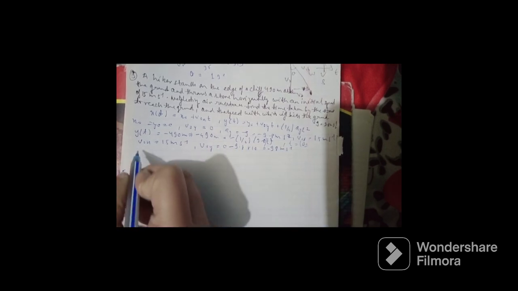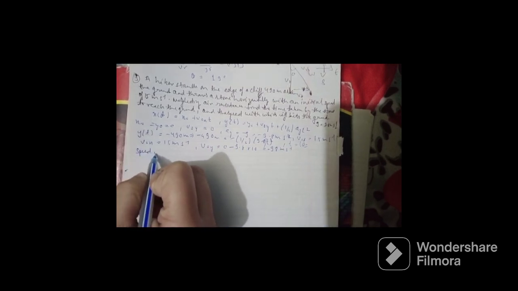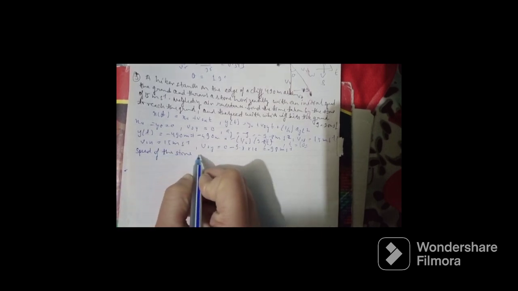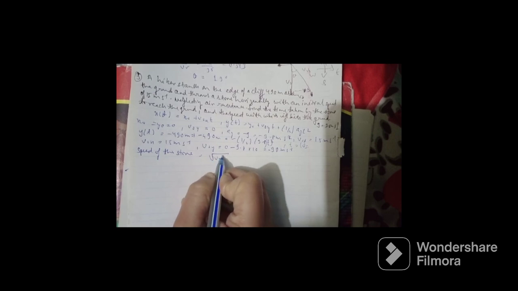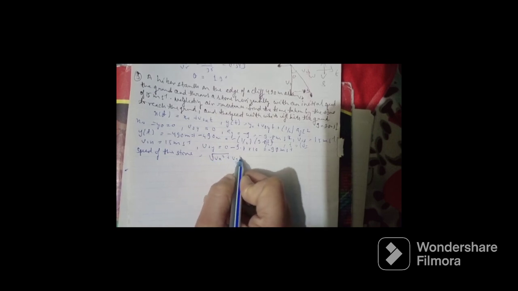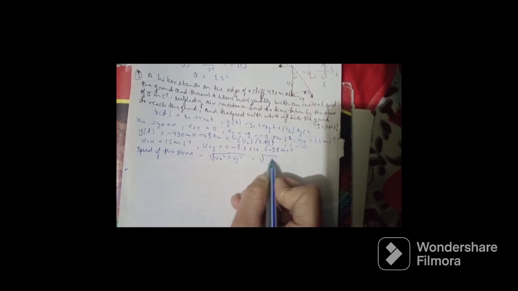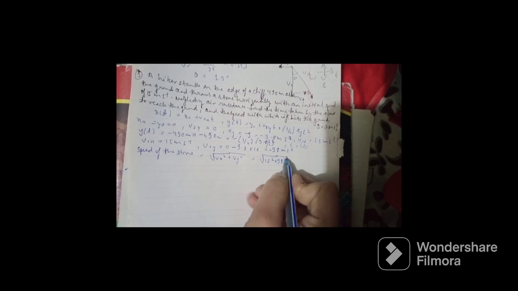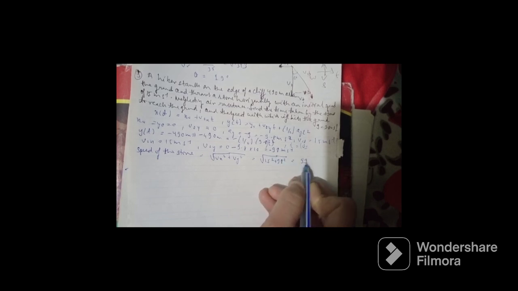Therefore the speed of the stone equals the square root of v x squared plus v y squared, equals the square root of 15 squared plus 98 squared, which is about 99 meters per second.